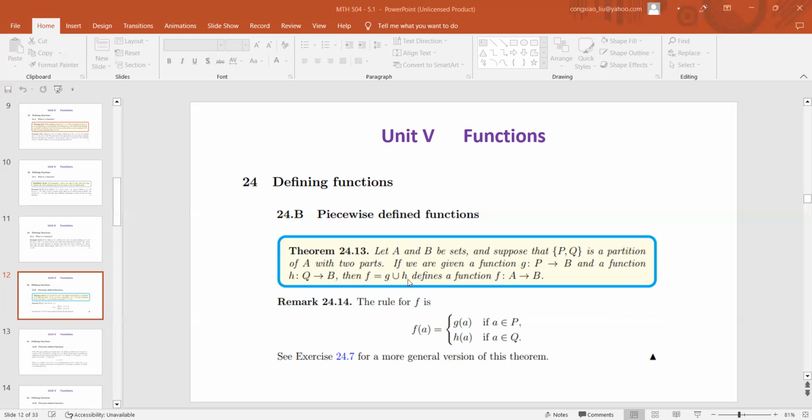So g and h are both given, and this f is well defined in this way. The theorem says the union of these two functions, g and h, defines another function.